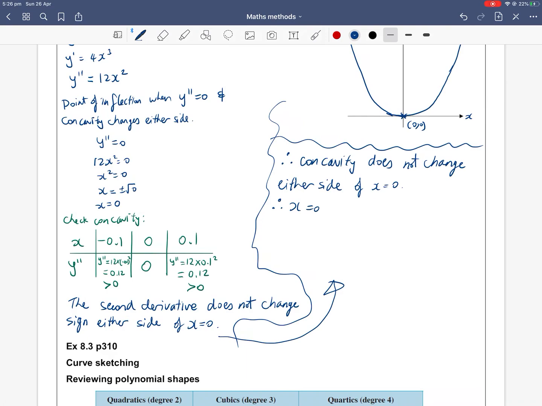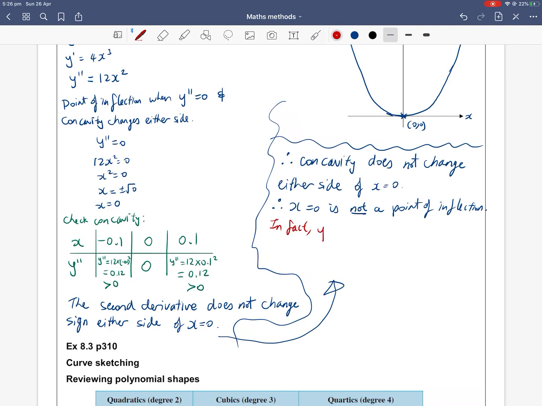So therefore, x equals 0 is not a point of inflection. So just because y dash dash equals 0 does not mean it's a point of inflection. You also need the concavity to change on either side.